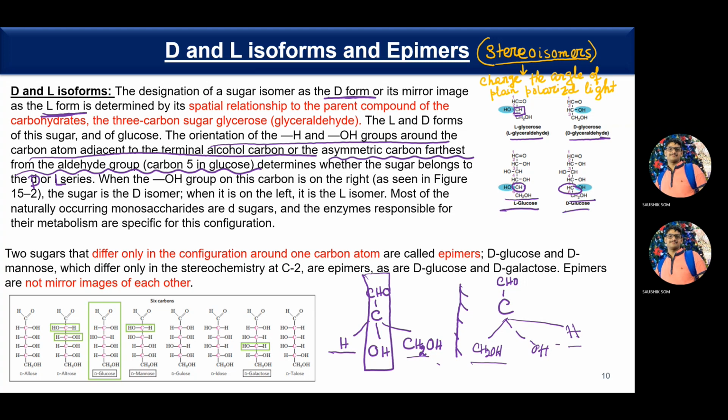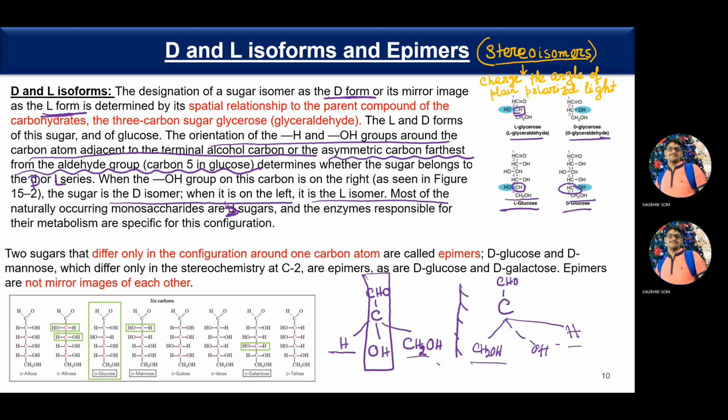If it is on the right side, then D-glucose. Okay. So when the OH is on the right, it is the D isomer, and on the left it is the L isomer. Most of the naturally occurring monosaccharides are D sugars, but there are a few L sugars we can also see.